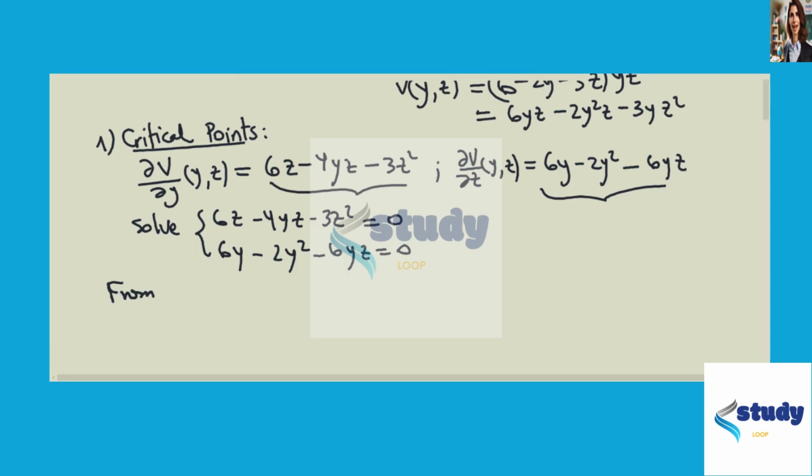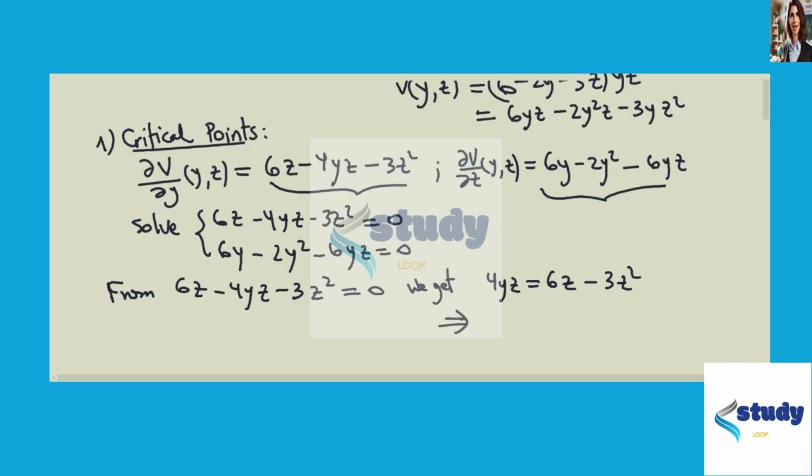So from 6z minus 4yz minus 3z squared equals 0, we get that 4yz equals 6z minus 3z squared, and we got to divide by 4z.